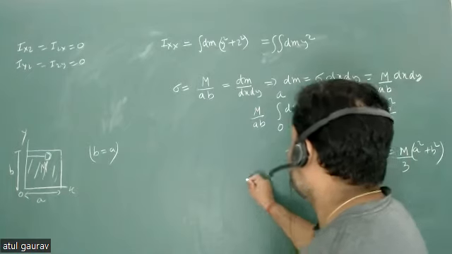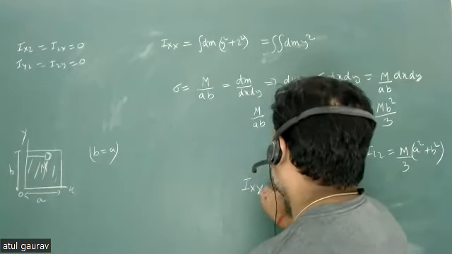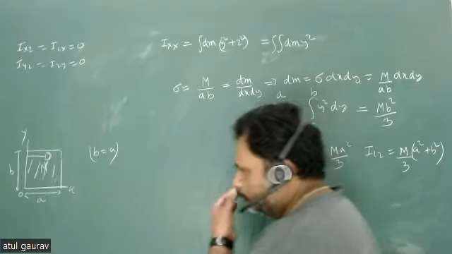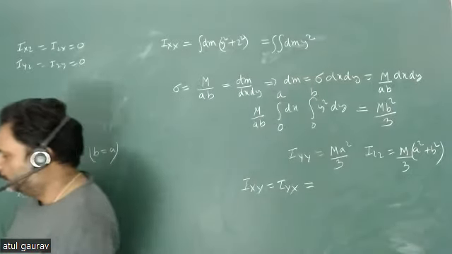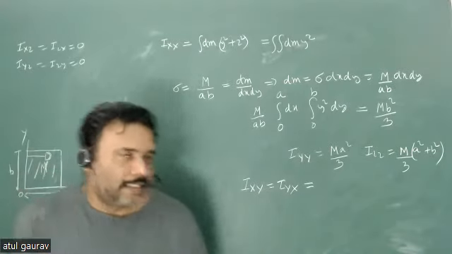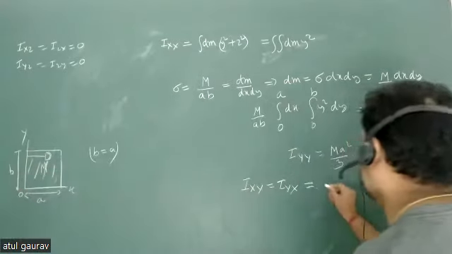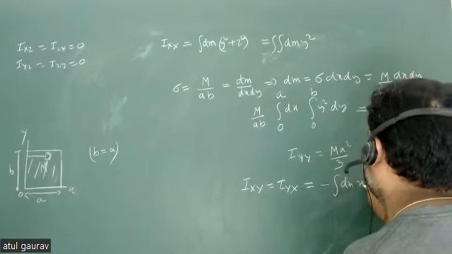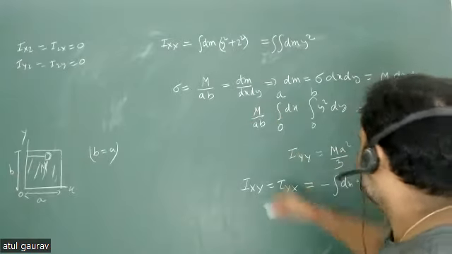Now, last but not the least, we have to calculate Ixy, which is equal to Iyx. What is this value? Minus mab by 4. Very good. Minus mab by 4. What is my formula? My formula is minus integration dm x into y. Dm will remain the same.